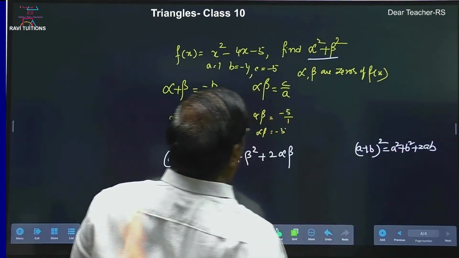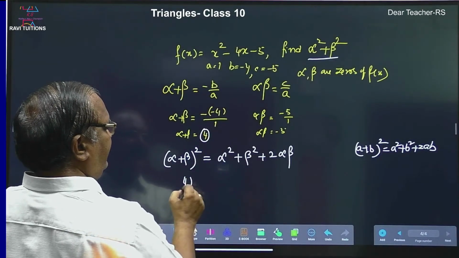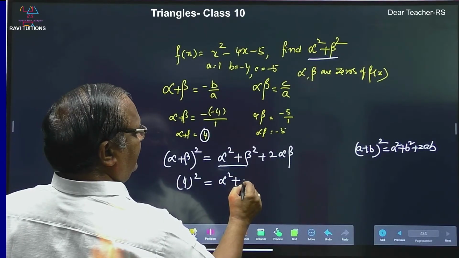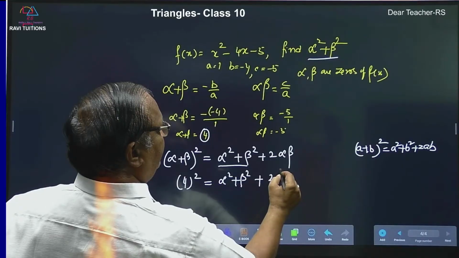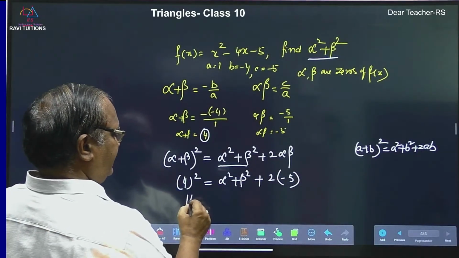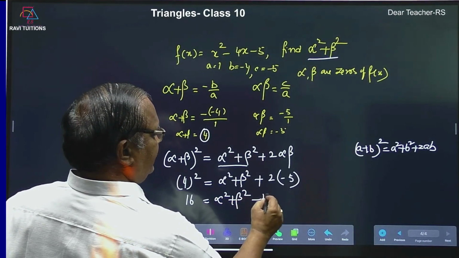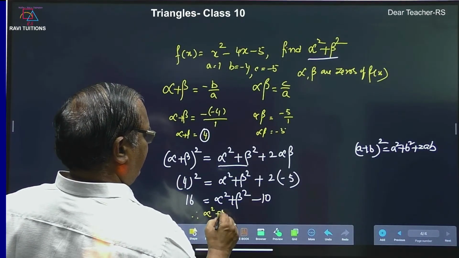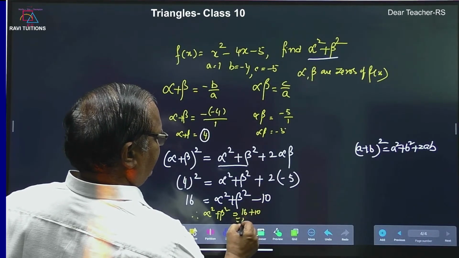Now alpha plus beta value is 4, let me write 4 in this. This we don't know, let us leave it like that. In place of alpha beta, let us write minus 5. So 16 is equal to alpha square plus beta square minus 10. Therefore, alpha square plus beta square is equal to 16 plus 10, 26.